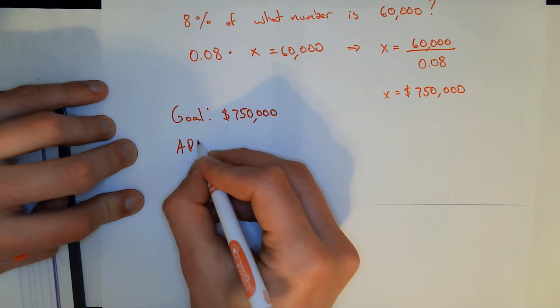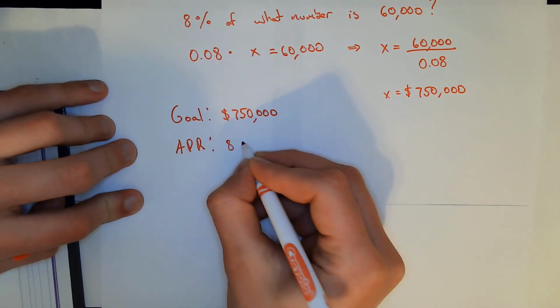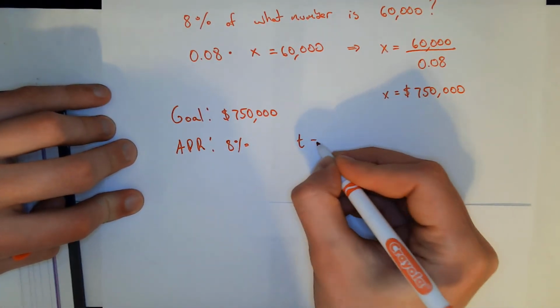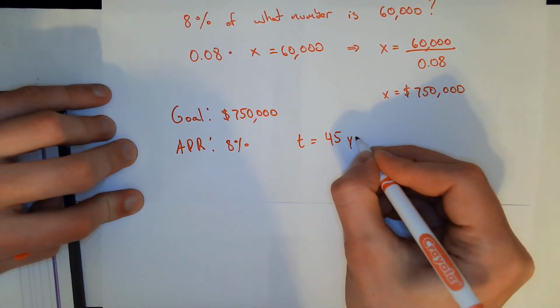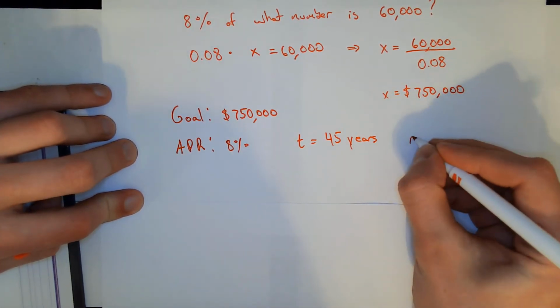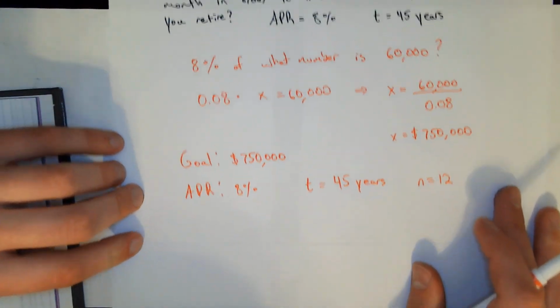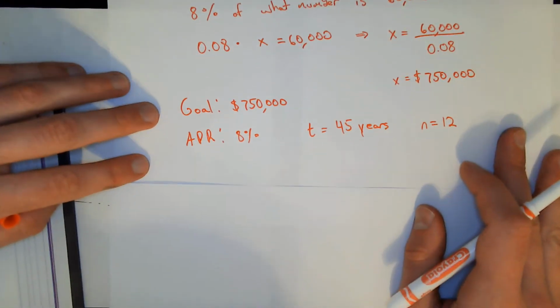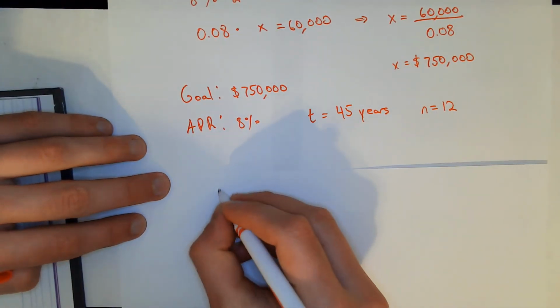My APR is 8%, and my time is 45 years, and N is 12 because I'm asked about monthly payments, right? So N is 12. So here we go.